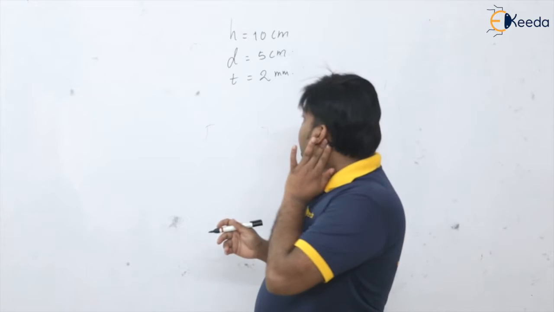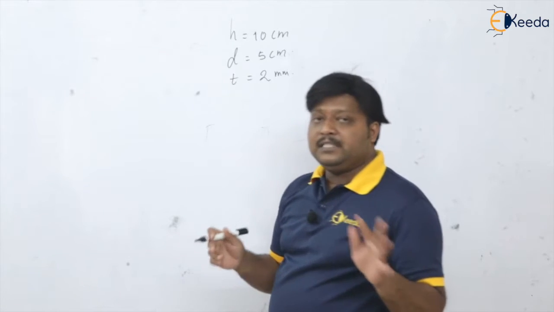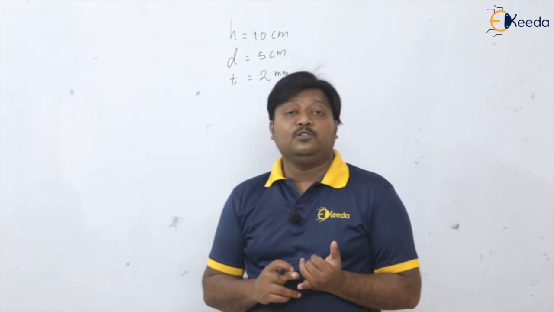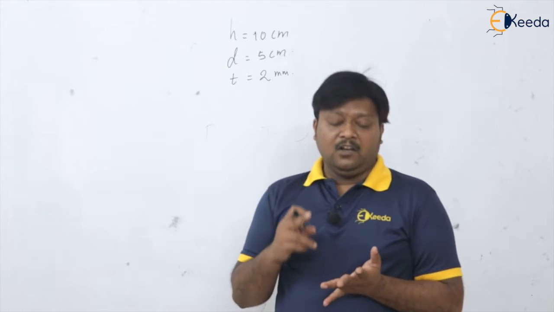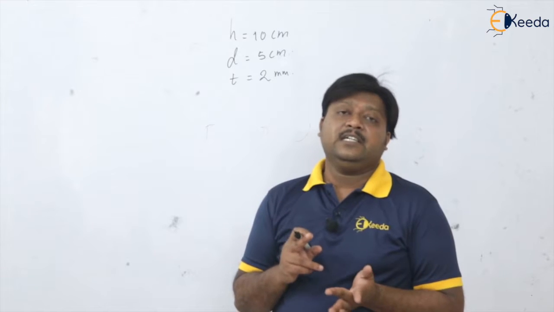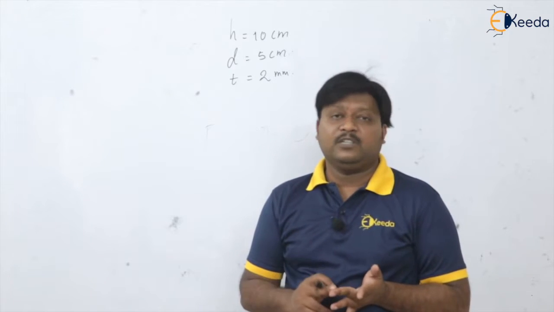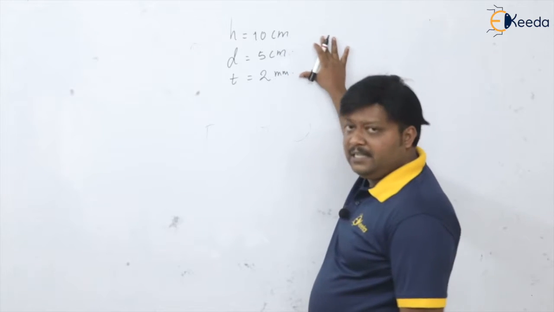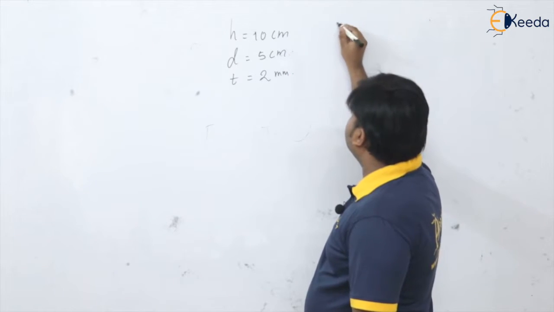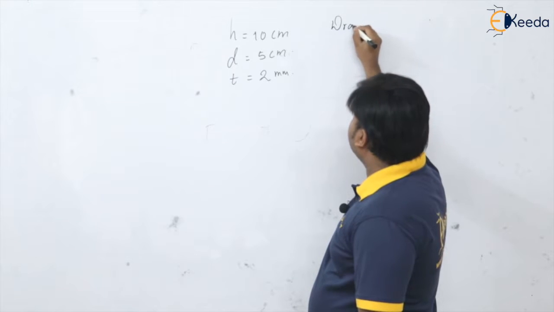So here nothing is prescribed about whether you are going to use the limiting draw ratio or draw ratio technique, or the second technique that we have seen, the draw reduction ratio technique. So please remember, whenever it is not prescribed in the numerical, that you have to use the draw ratio technique.